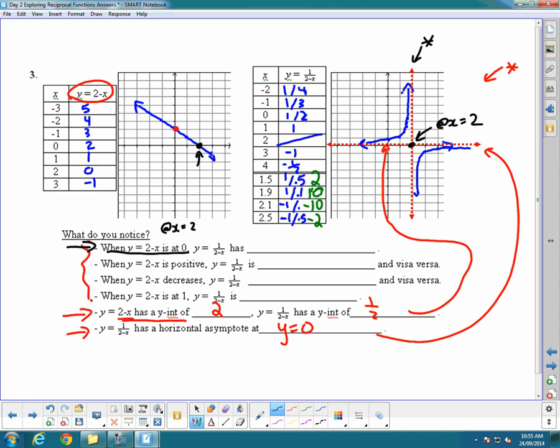Because if the original value was 0, right here, the reciprocal is not going to exist. So this has an asymptote. So that's a key learning in this part. If you have a y-intercept in the original, then that's going to result in an asymptote. So here's the y-intercept in the original. That's going to result in the asymptote of the reciprocal.